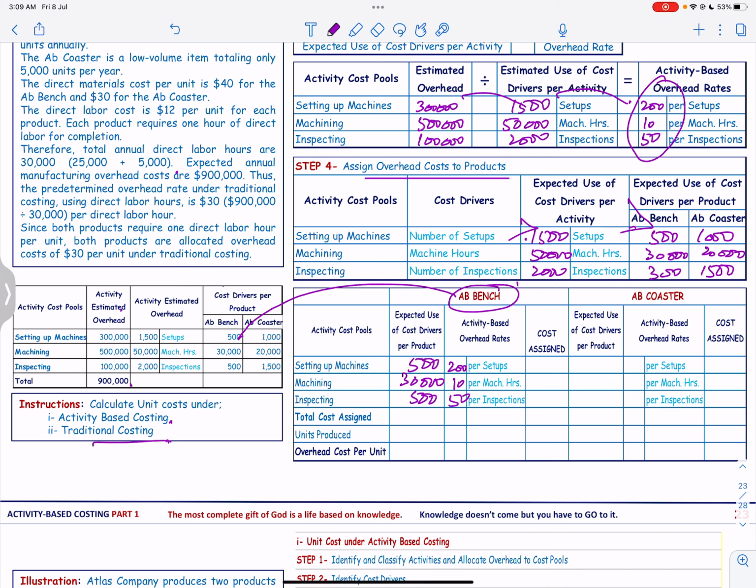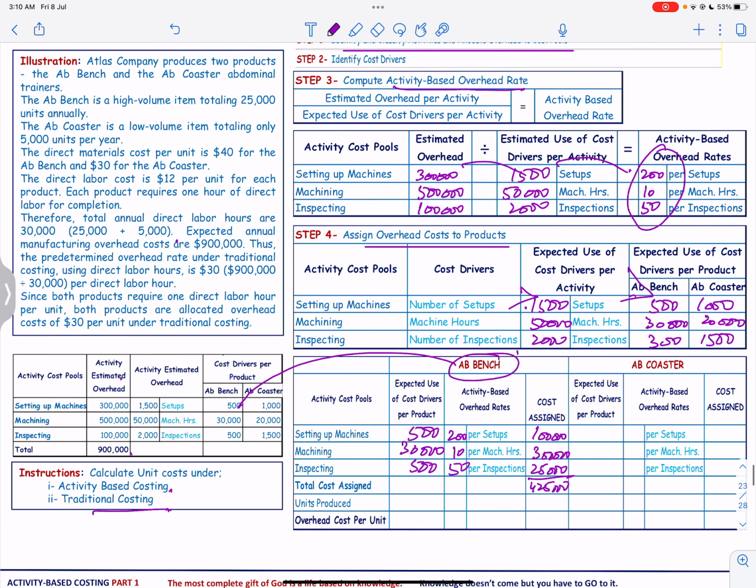And we simply multiply this to assign the cost. So this will be 100,000, this will be 300,000, this will be 25,000, and the total will be 425,000. The total units produced is given as 25,000. So the overhead cost per unit will be 17.